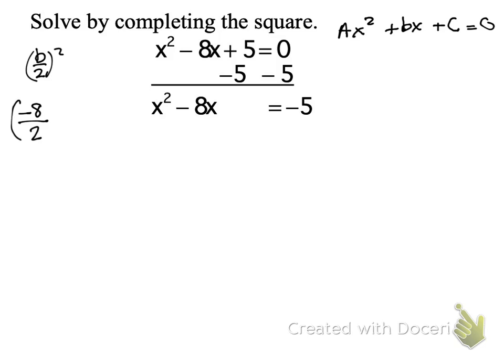So in this case, we're doing negative 8 divided by 2 is negative 4 squared is 16. So I'm adding 16 and I'm adding 16. Okay?